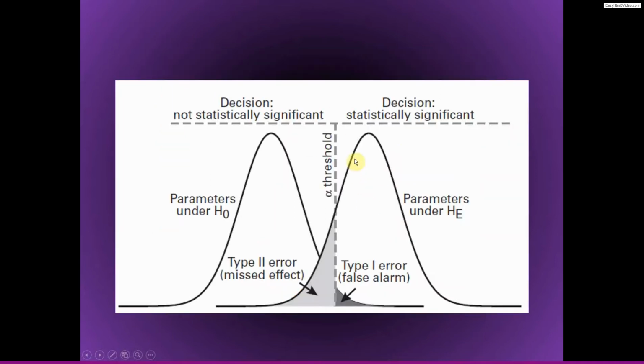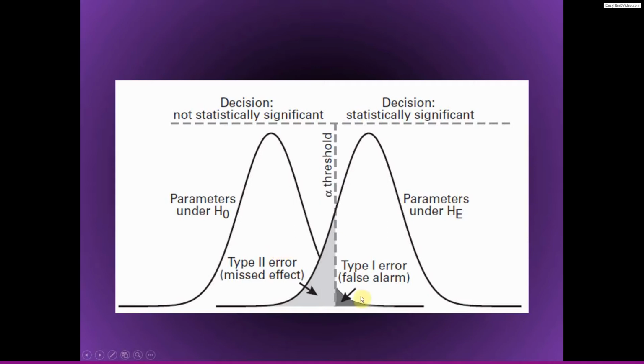And this is a trade-off between type 1 and type 2 errors, which you're probably familiar with. If you set the threshold too low, if it's too lenient, then you're very likely to detect true results, but you're also unfortunately likely to accidentally determine that a null effect is a true finding. So it would be a type 1 error, an alpha error. On the other hand, if your threshold is very high, then you can be more confident that you're not going to misinterpret a null effect as being significant.